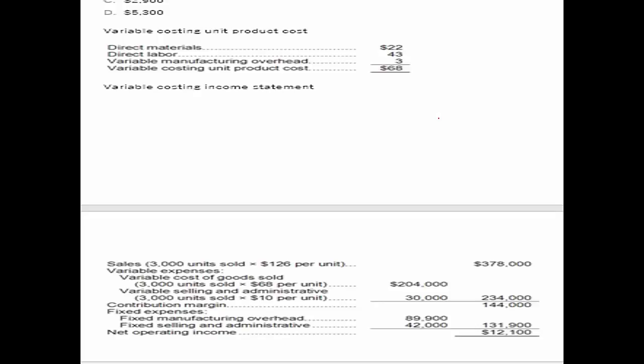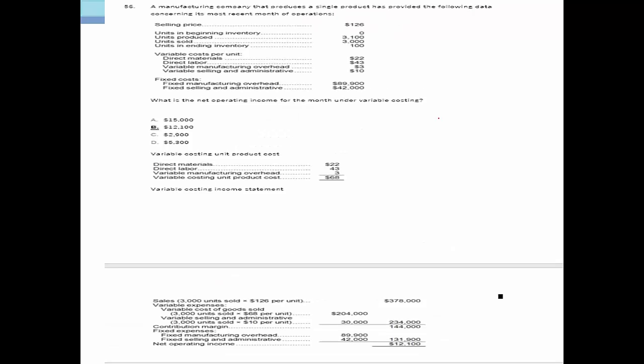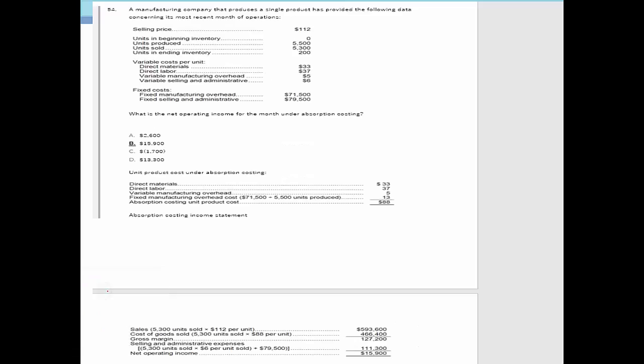Okay, good. Now let's take this same thing and see if it'll let me write on it now, and let's do it now for absorption costing.